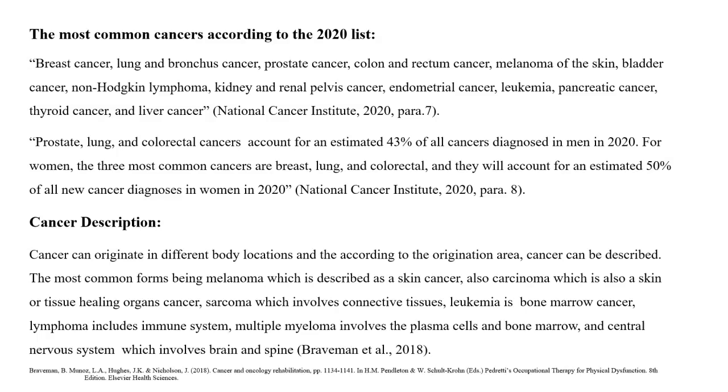So this is a list that we have as the most common cancers in the United States and around the world. So we have to know what the most common cancers in the United States are when we are practicing. Even for education purposes, we should be familiar with the trend of the stats.